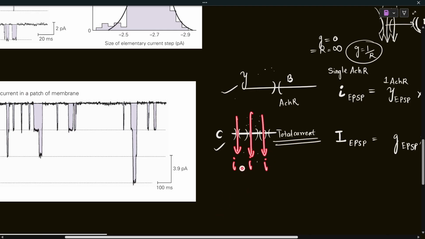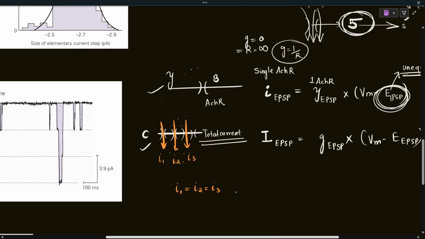Here we see that I1 will be equal to I2, will be equal to I3, because each acetylcholine receptor generates the same current. We already made this conclusion from the previous recordings.